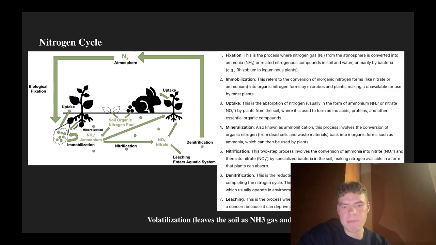And once again, we have mineralization, also known as ammonification, is say when something dies, or a human dies, or an animal dies, or say a cow poops, and that goes into the ground. All of those dead organisms are being broken down by decomposers, and that is being absorbed into the ground as nitrogen.